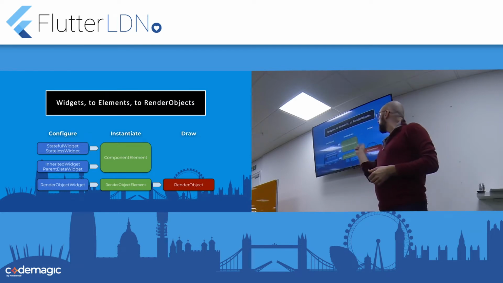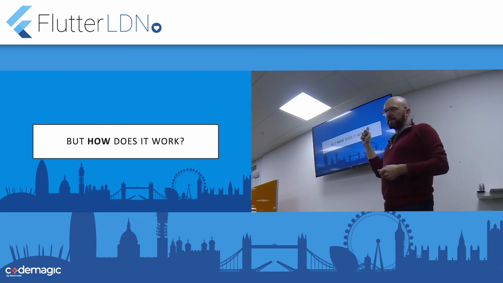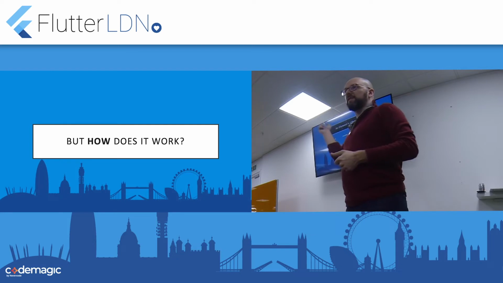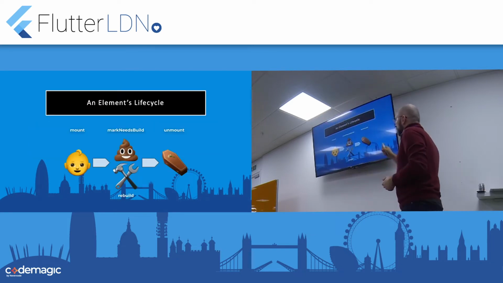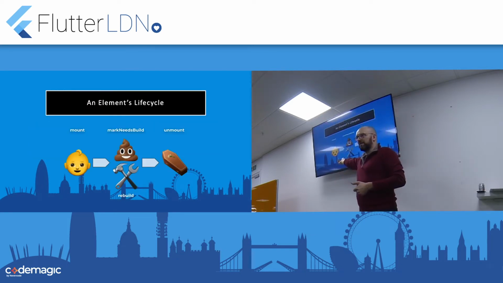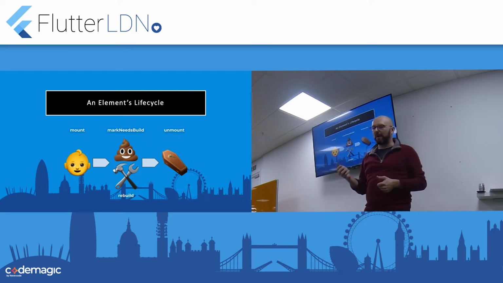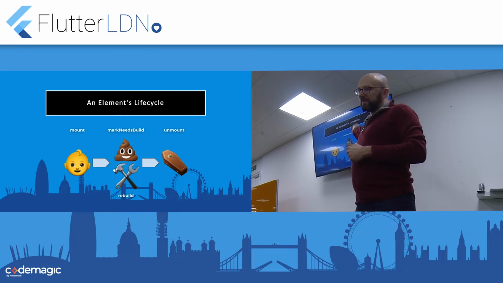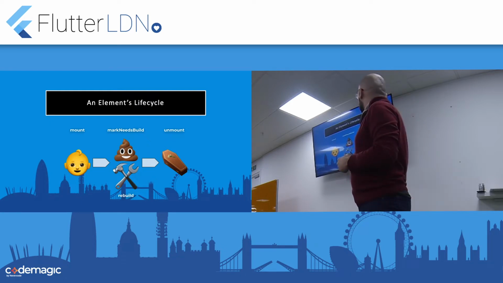And what happens then is basically the elements that Flutter has created go into this crazy cycle of first, if there are no elements with some widget, they get mounted to the tree of our elements, and then they undergo the frequent cycle of building and marking to be built.